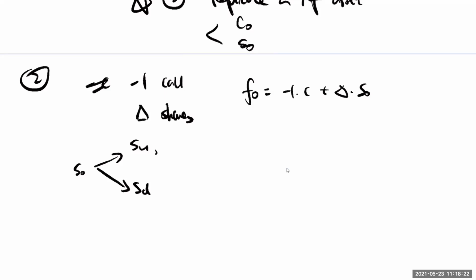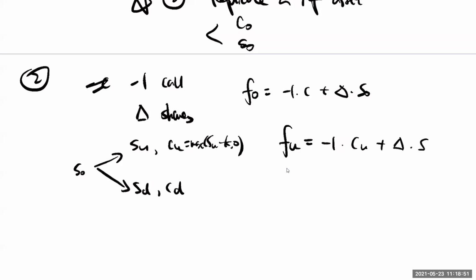And that means if you go up to SU, we know CU, because CU equals the maximum of SU minus K, or 0, such that we know what CD is too. So if we go up to FU, what is the value of my portfolio? -1 times CU plus delta times SU. If it goes down to FD, -1 times CD plus delta times SD.